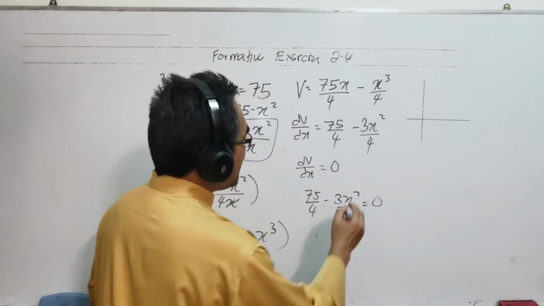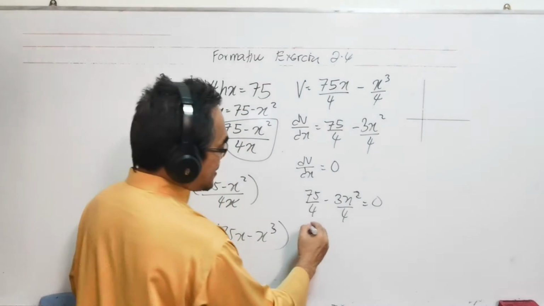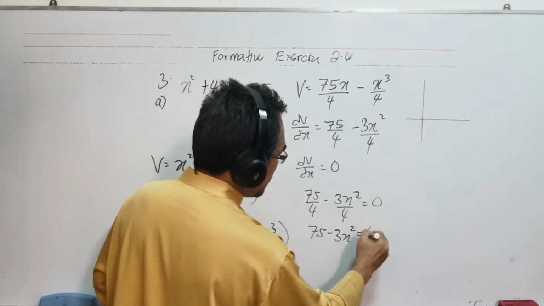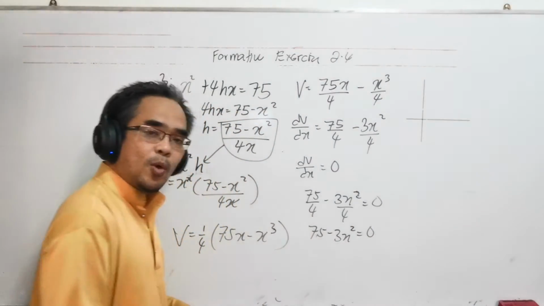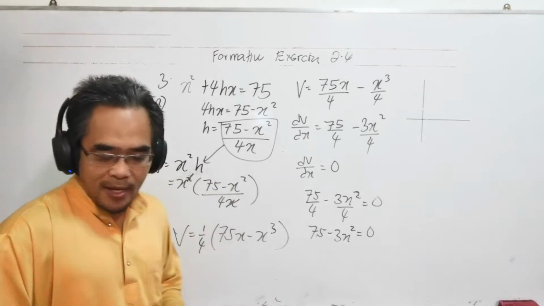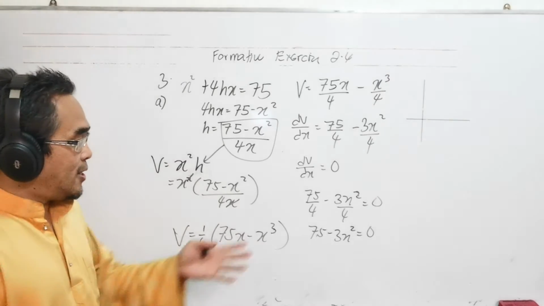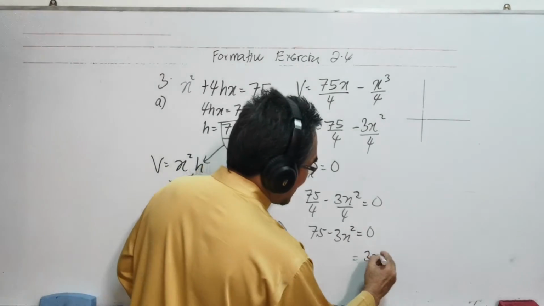We multiply everything with 4, then we get 75 minus 3x squared equals 0. This is a quadratic equation. You could find the value using a calculator or not. In this case it is easy, so I do not use a calculator.